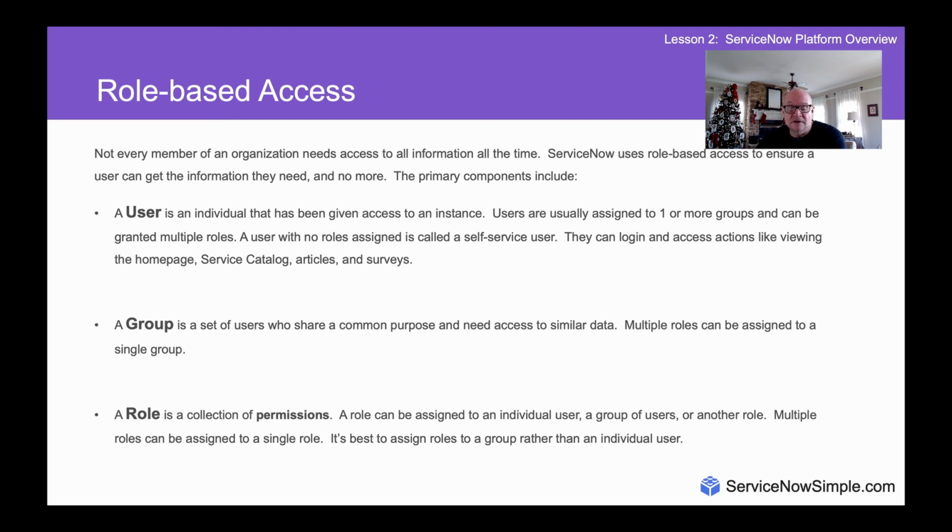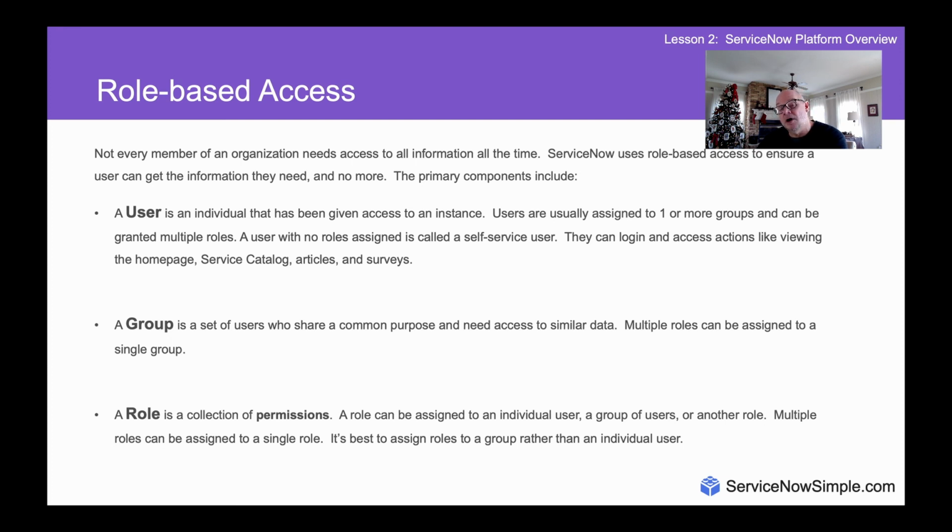A role is often assigned to an individual user. So a user can be assigned a role, in which case they will get all of the permissions included within that role. A role can also be assigned to a group. So if a user is a member of a group and a role has been assigned to that group, then the user will have access to all of the permissions that exist within the role that's been assigned to the group.